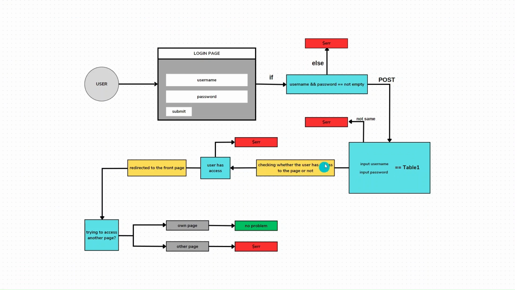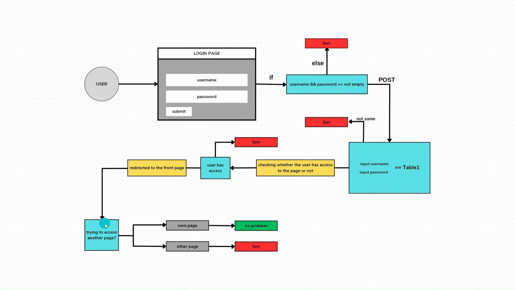My code will check whether the user has access to the page or not. If the user has access, we continue the code. But if the user does not have access, the error will appear. And if the user has access, they will be redirected to the front page, and the user will continue their activities.